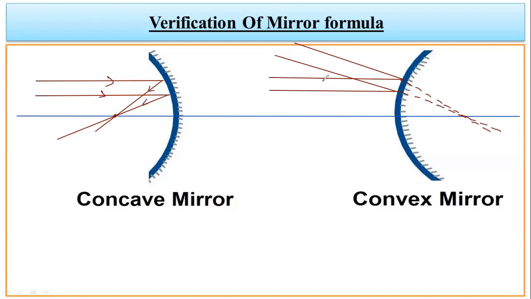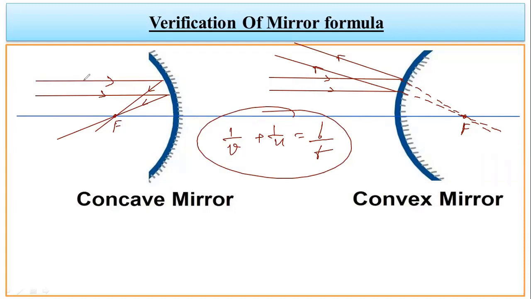For this condition only, we will use the mirror formula to establish whether the things which we had drawn over there are correct. We know that 1 by v plus 1 by u is equal to 1 by f.